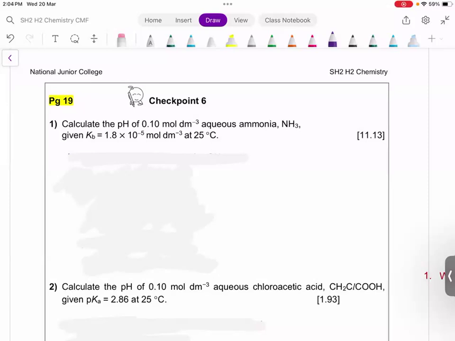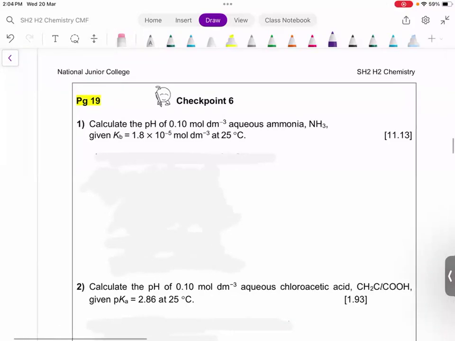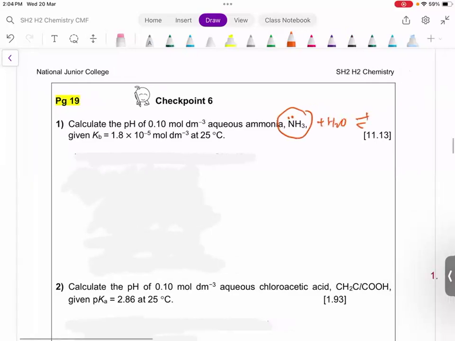Are you done? Can I go through the answer? For the first one, you need to recognize that this is a base. There's a lone pair on nitrogen that can accept a proton from your water. Therefore, it releases OH minus as a result. This OH minus release will be related to the Kb expression.